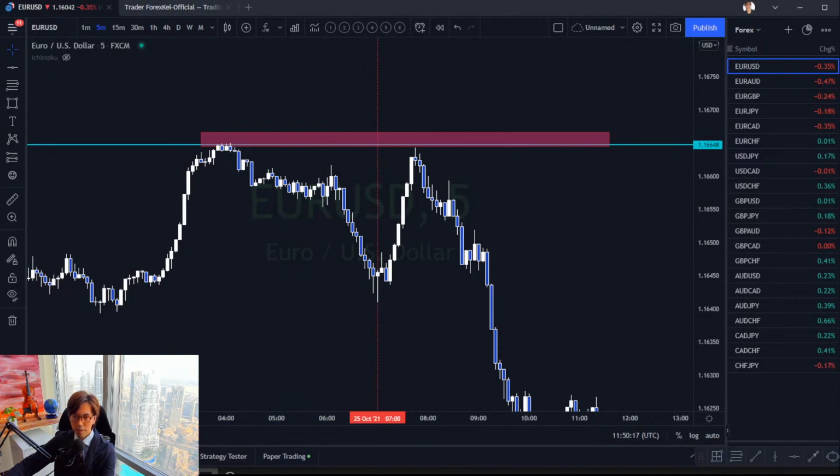If the market goes up this way, it could be resisted, but it may overshoot a little bit, like 10 or 15 pips, and sometimes it goes downwards this way. So I draw one single horizontal line, but it's important to remember that it's a zone.